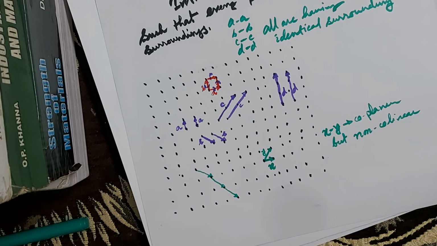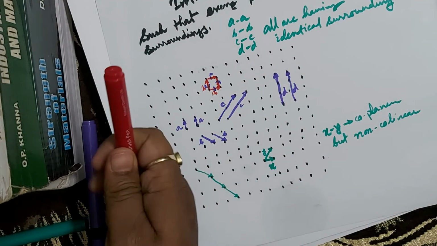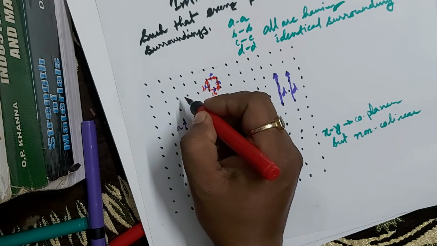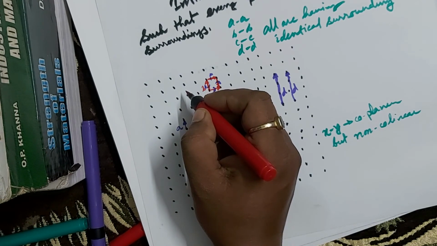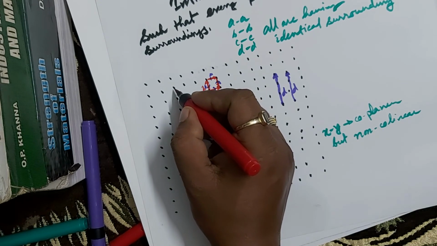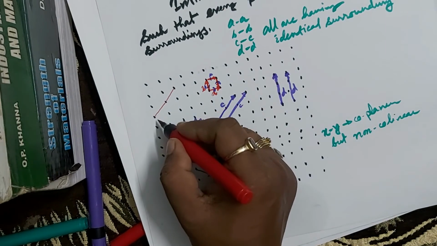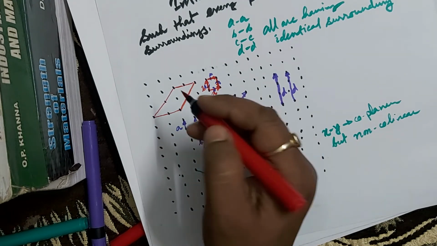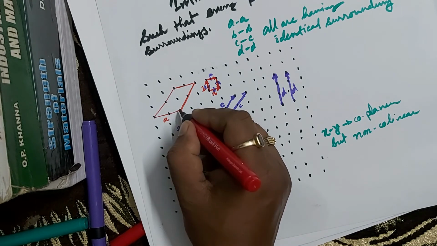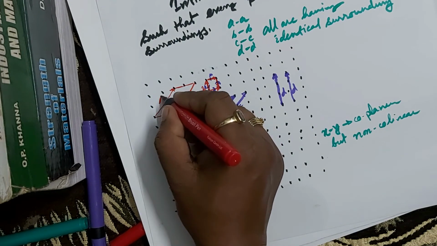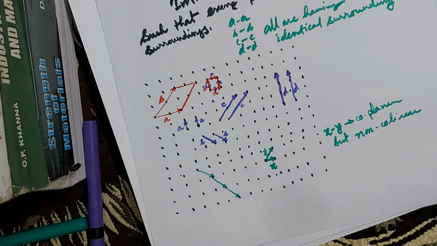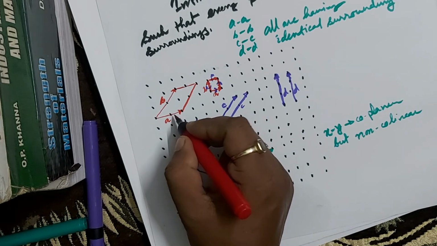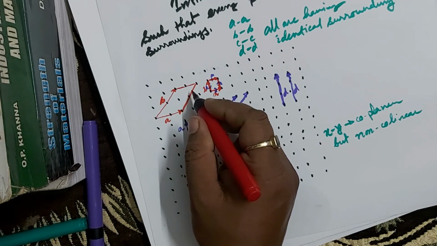Now, if we take a parallelepiped like this, after 90-degree rotation, the parallelepiped is lying on this side.